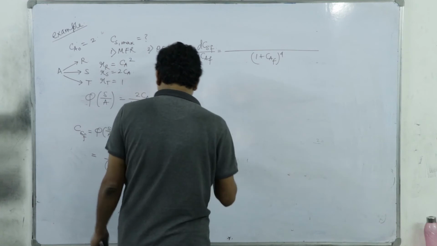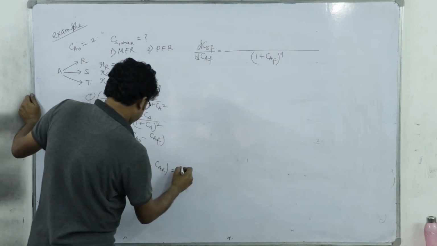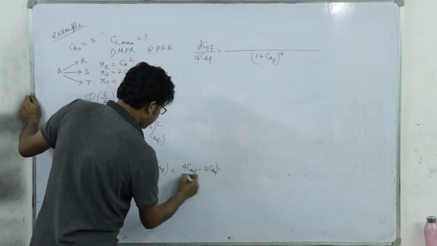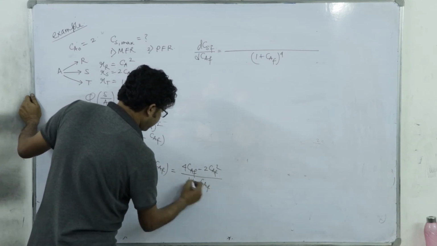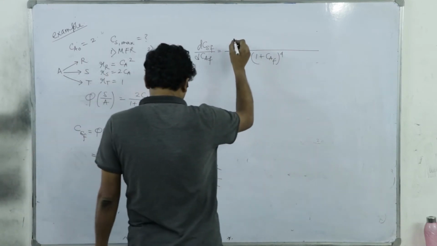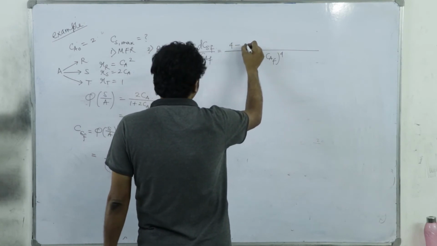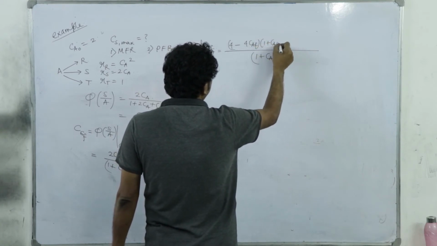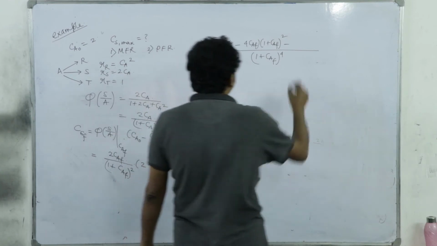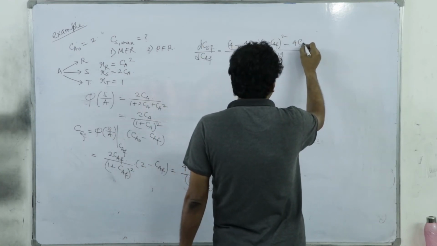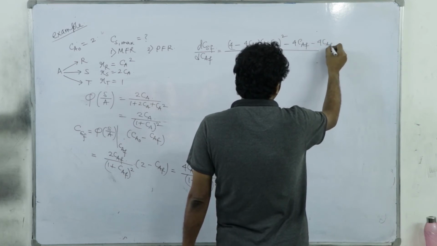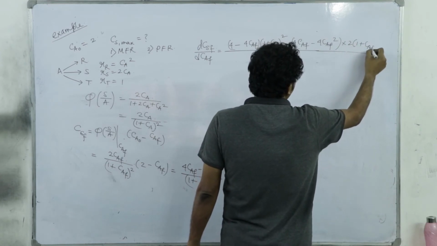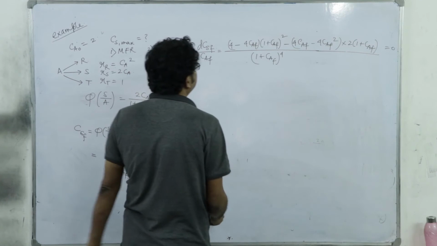The numerator is 4 CAF minus 2 CAF square divided by (1 plus CAF) whole square, so the numerator becomes (4 minus 4 CAF) into (1 plus CAF) whole square minus (4 CAF minus 4 CAF square) into 2 into (1 plus CAF), and that we have to set equal to 0.